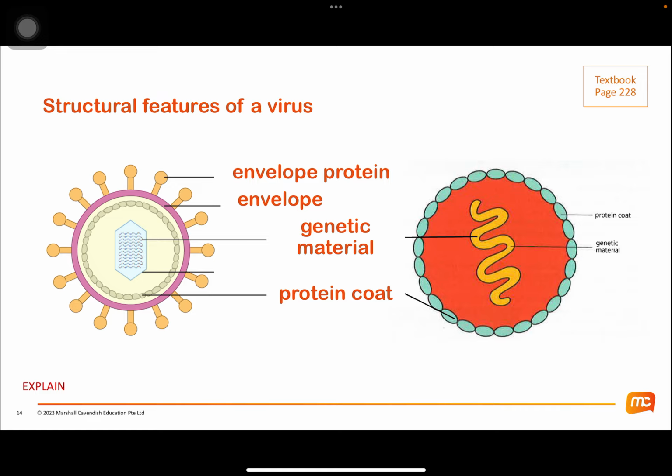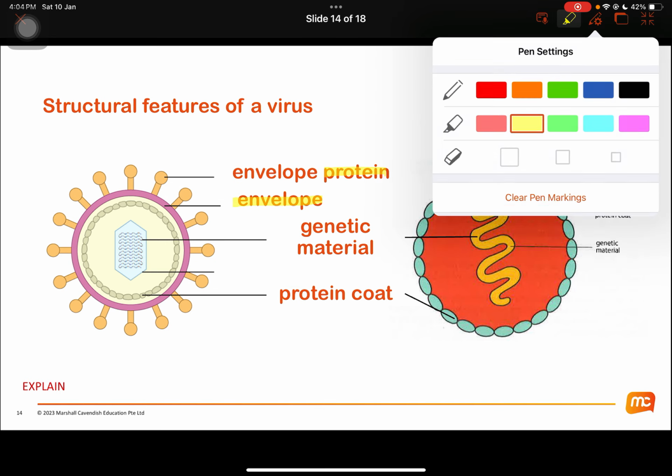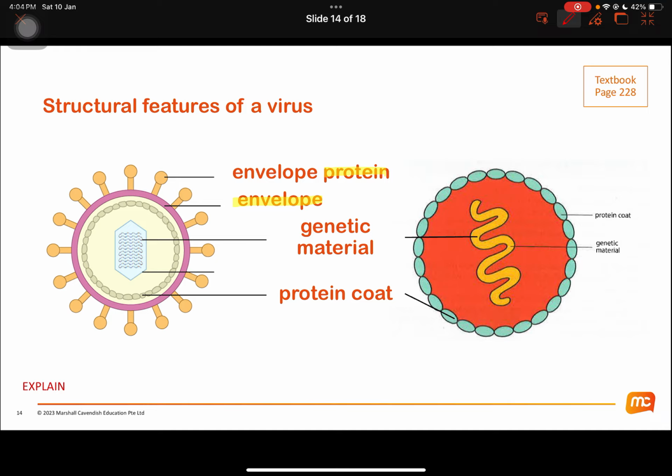As mentioned, viruses can be complicated. Some more complex viruses have an additional envelope with protein embedded in them. Often, this envelope protein serves as recognition to identify host cells in order to gain entry.